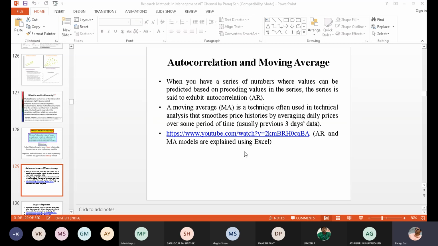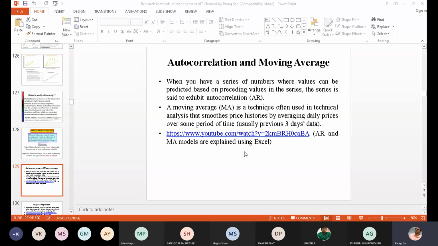Weighted moving average means you give more weightage to the recent past data and less weightage to the far past data.